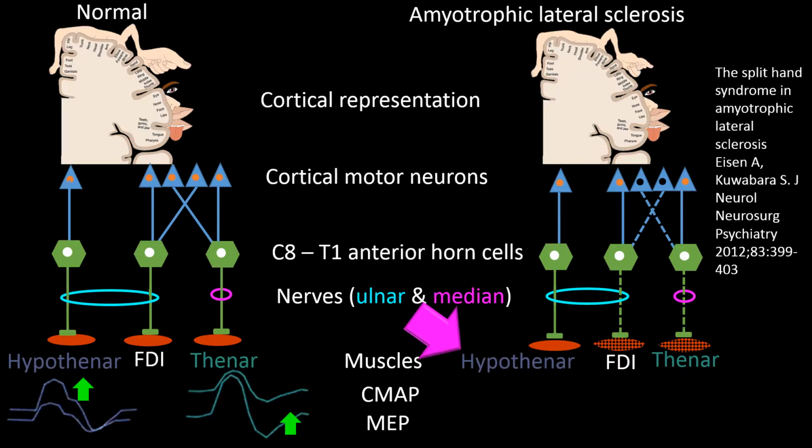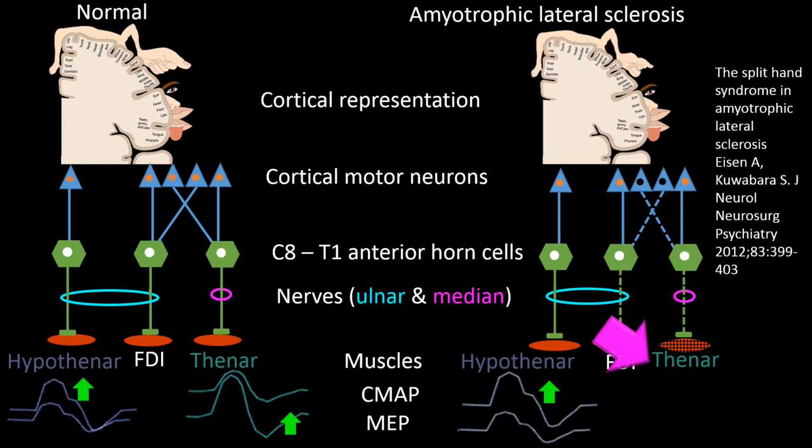Now let's turn our attention to the hypothenar region of the amyotrophic lateral sclerosis side. In the hypothenar region of patients with amyotrophic lateral sclerosis, the compound muscle action potential is higher than the potential brought about by cortical stimulation, as it was in the normal side. Now let's look at the thenar eminence.